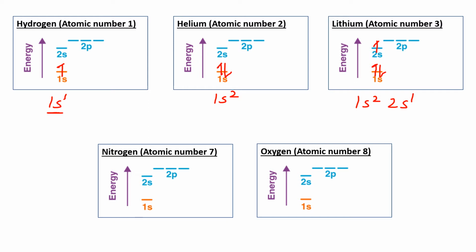Now let's talk about nitrogen. Nitrogen has atomic number 7, so the 7 electrons will be accommodated as 1, 2, 3, 4, 5, 6, 7. The 1s and 2s orbitals are completely filled, so we move to the 2p orbital.